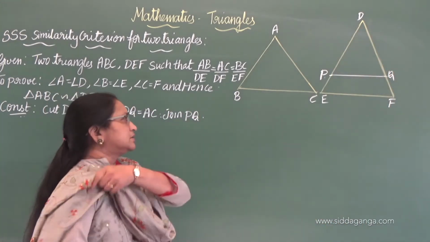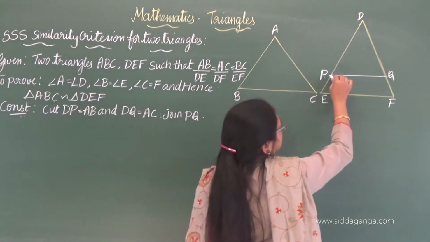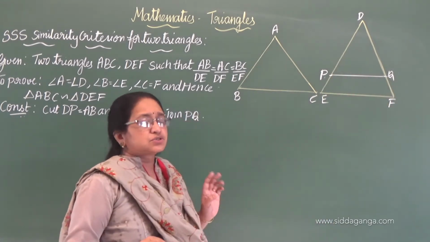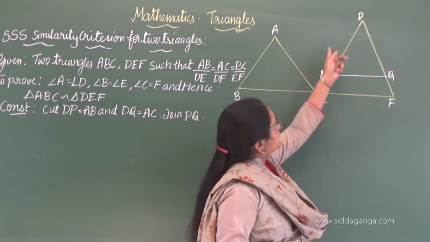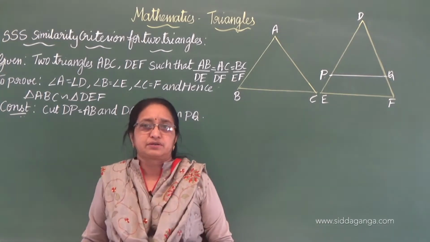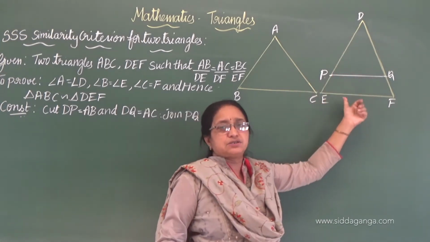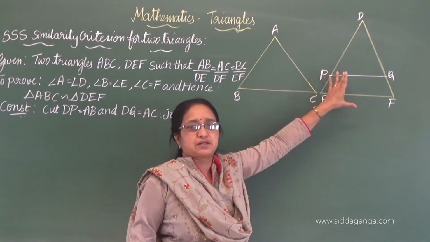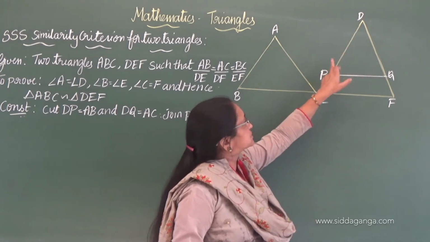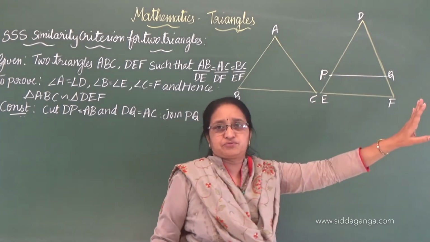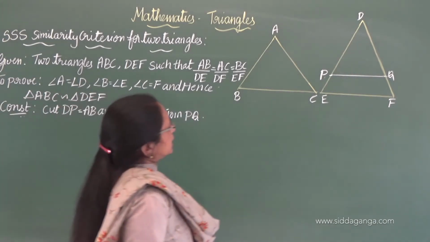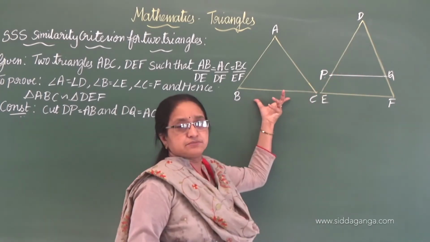Also, if it is parallel, these two angles will be equal. So we have to prove that triangle DPQ is similar to triangle DEF by using that PQ is parallel to EF. First we will prove PQ is parallel to EF, that is the first step. Next we are going to prove triangle DPQ is similar to triangle DEF. Next step, we are going to prove that PQ is equal to BC.